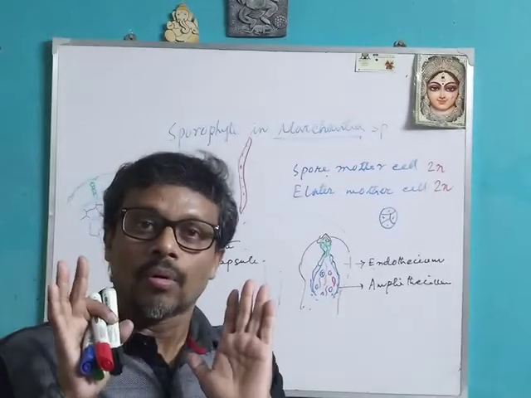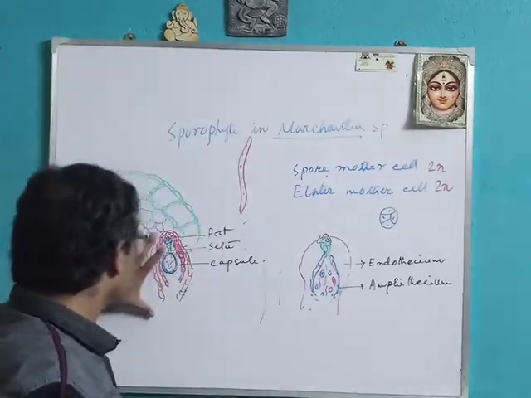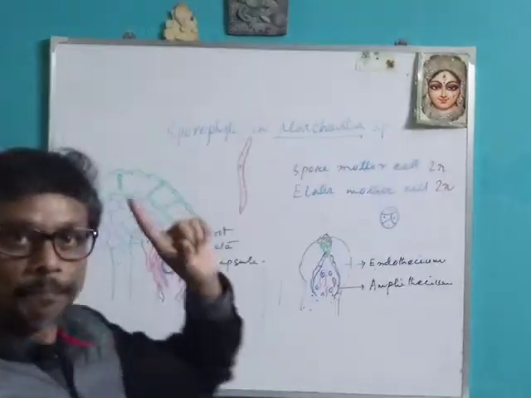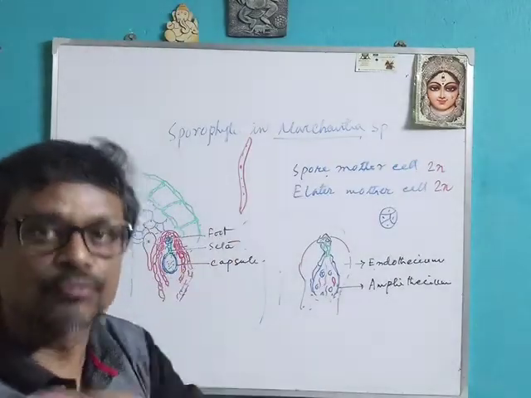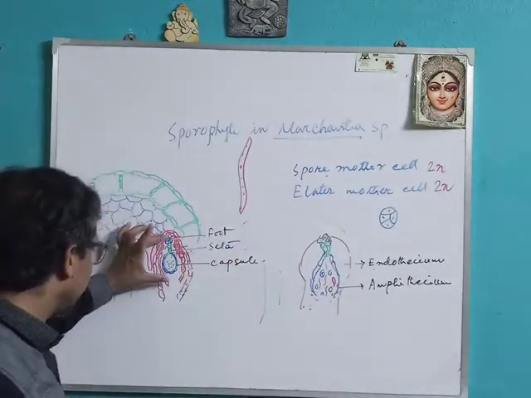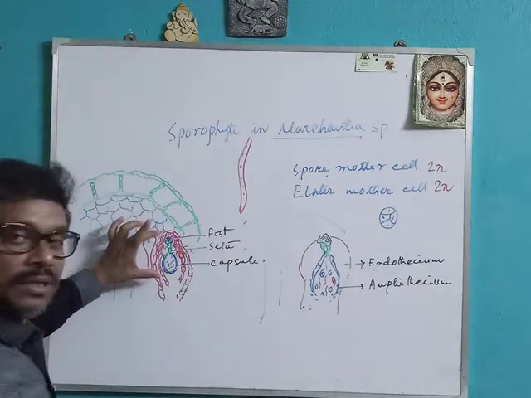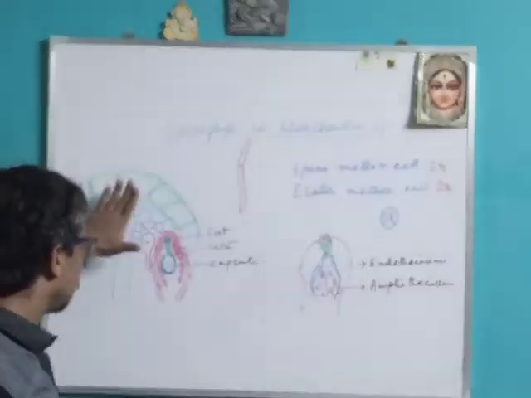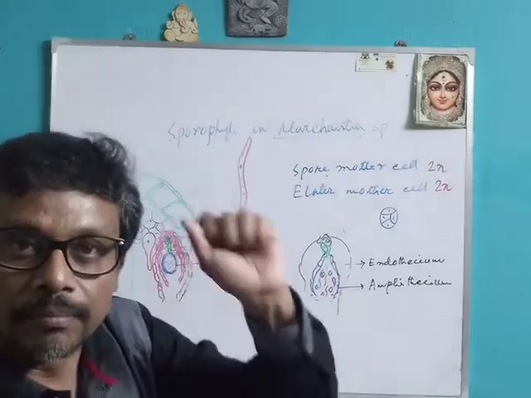So altogether, the sporophytic plant body, the diploid plant body, is completely dependent upon the haploid gametophytic plant body of Marchantia.